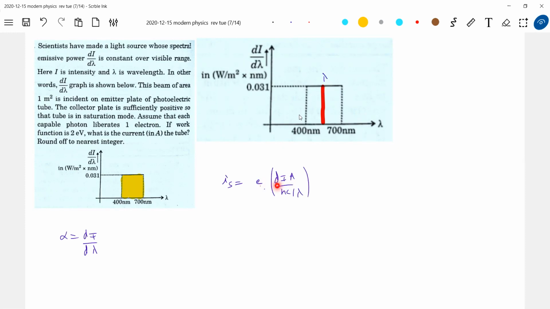So what is dI? dI I can write as alpha d lambda.